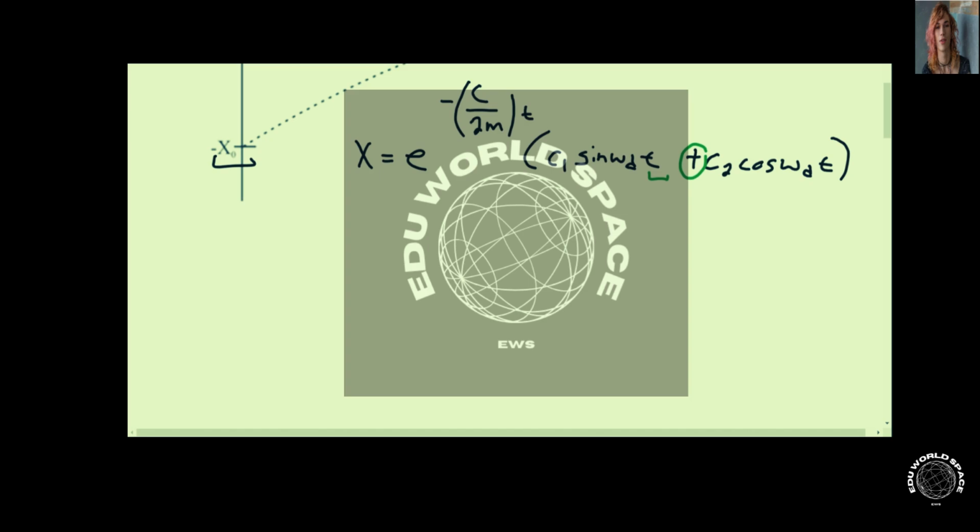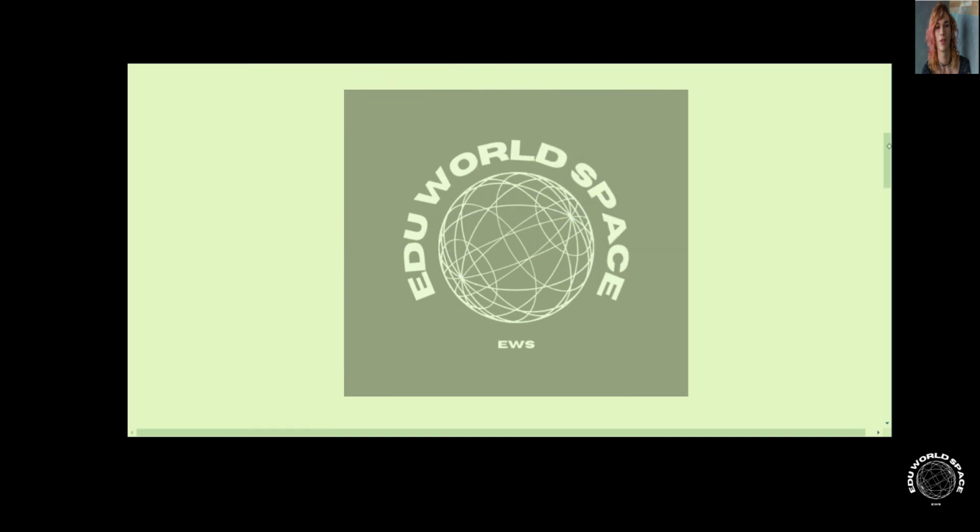So now we have the damping frequency, which is this, and it's the number of times it goes, and we have the square root of 1 minus the damping factor squared. These are the equations we're looking at.